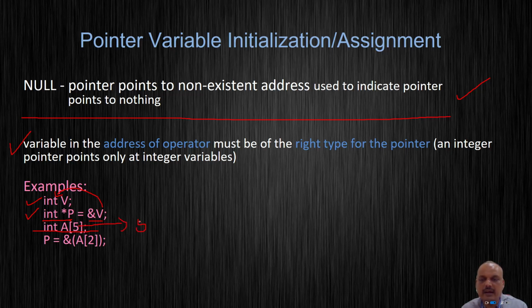Now this integer pointer can also be used to point towards the base address of this array. If I put ampersand a[2], it gives me the address of the second element of this array, not the base address.